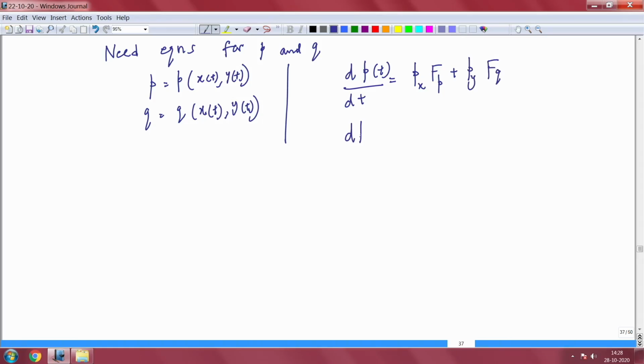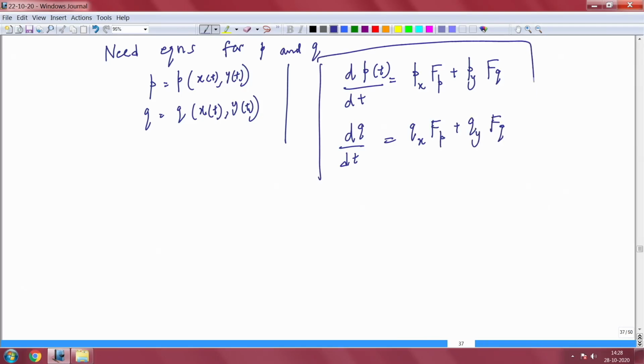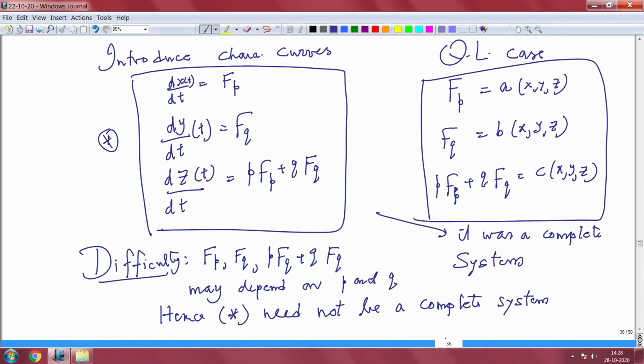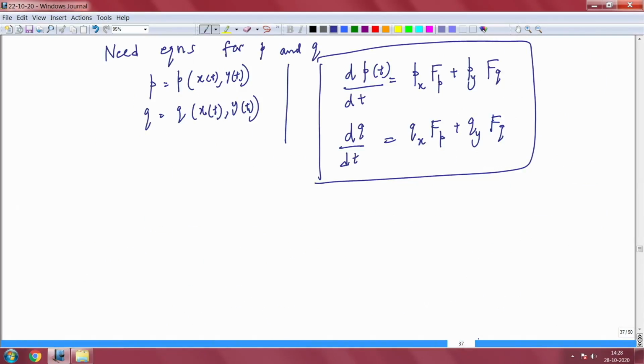Similarly, dq by dt is equal to qx fp plus qy fq. So you have now two more equations. Earlier you already got three equations, dx by dt, dy by dt, dz by dt. Together with these you now have five equations.